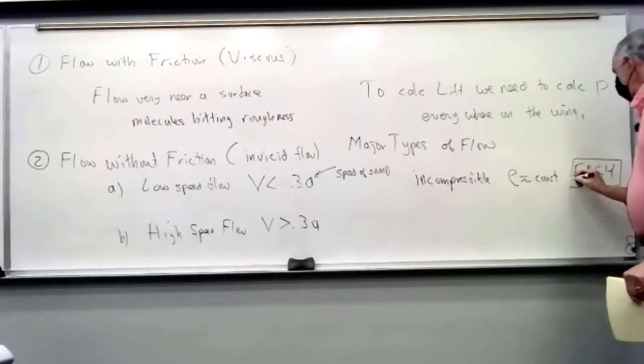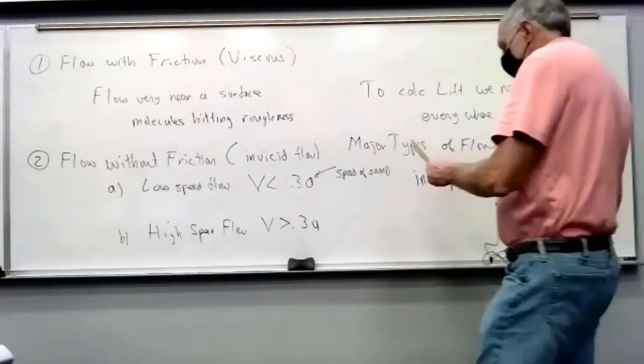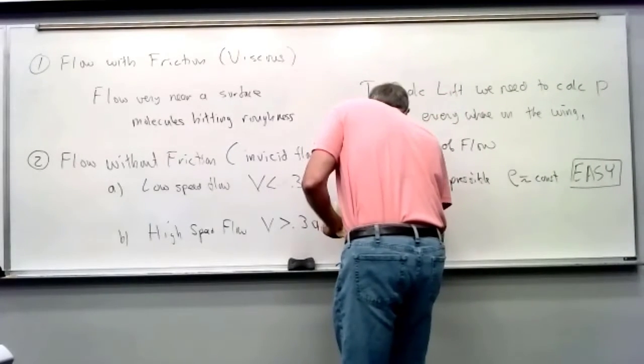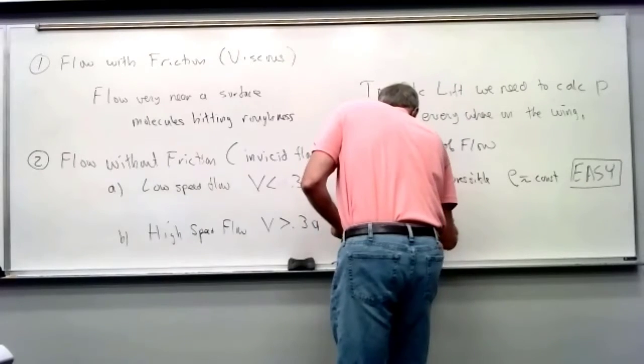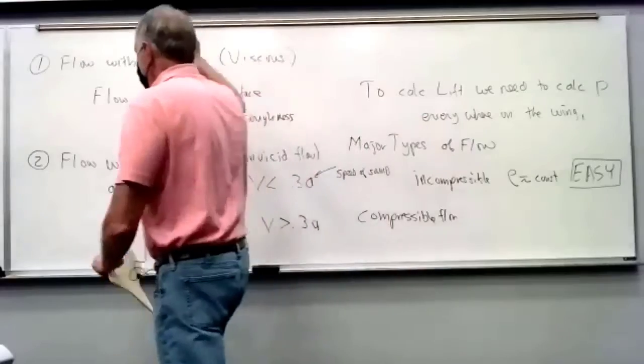So it's a good thing that the Wright brothers airplane flew at low speeds, because they had the ability to predict and calculate low speed flow. I guess it kind of makes sense. It costs more, it's harder to fly faster. And then this is called compressible flow. And then under this one, but I'm going to have to jump back up here because I'm out of room.